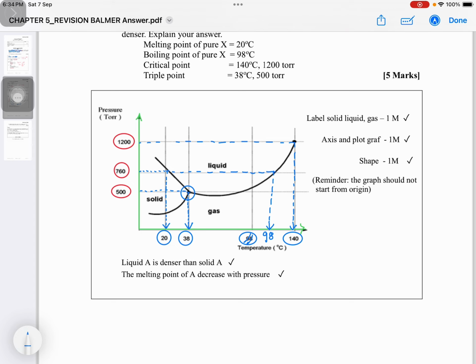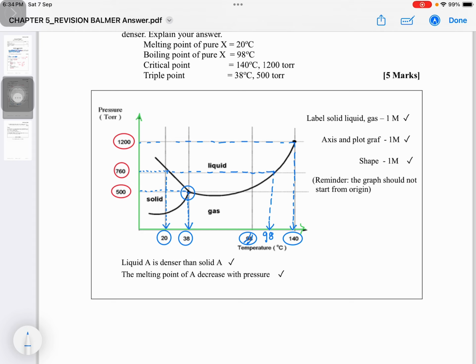Liquid X is denser than solid X. This is because at 1 atm and 20 degrees Celsius, it is in the form of solid, and then at 38 degrees Celsius and 760 torr, it is in the form of liquid.